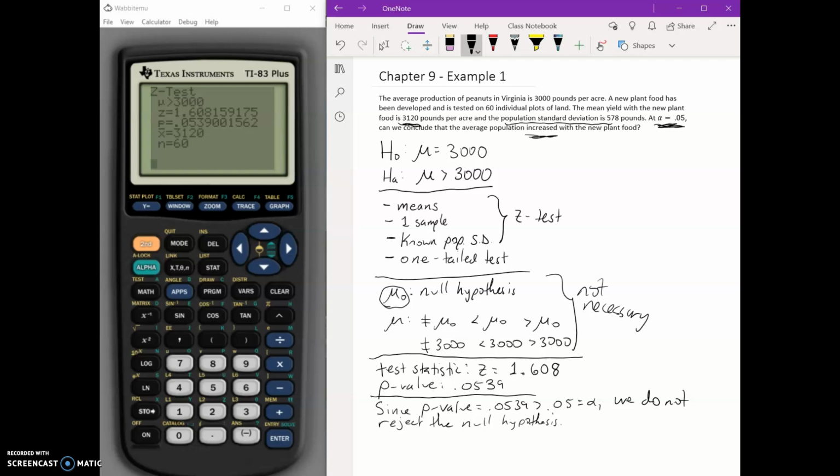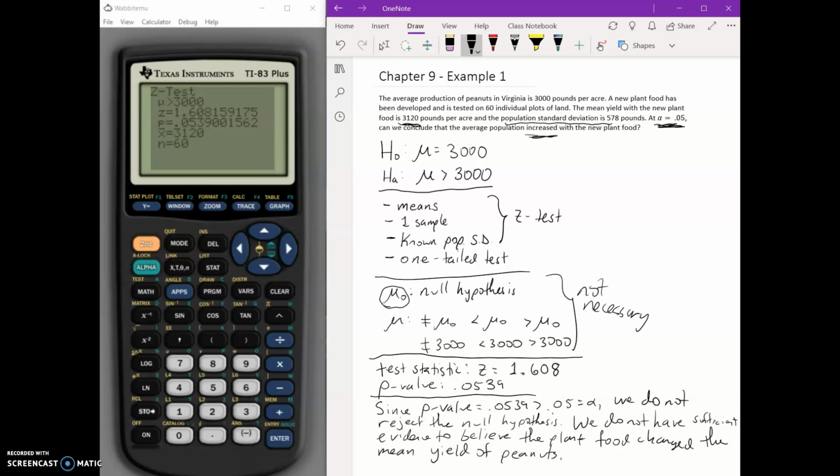What we really mean by this, we do not reject the null hypothesis, is we do not have sufficient evidence to believe the plant food changed the mean yield of peanuts. So that's what this statement's really saying.